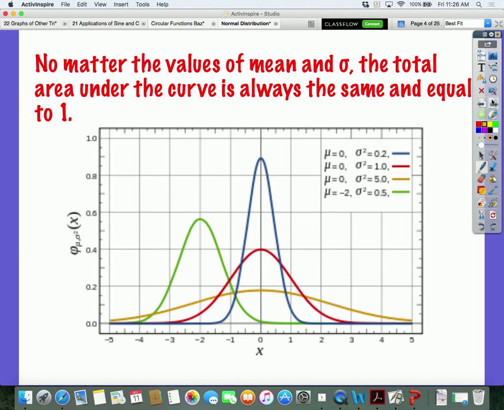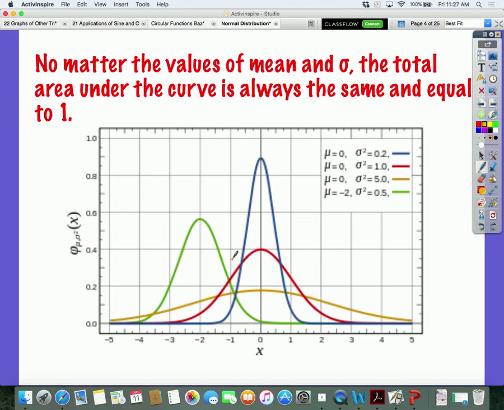Probability. If you look here at these curves, I know you can't see it on your copies because they're black and white, but up here with the colors, the blue one has a mean of 0 and a variance of 0.2. That is a pretty skinny bell curve compared to the red one, which has a flatter, wider bell curve. The orange one has an even bigger variance.